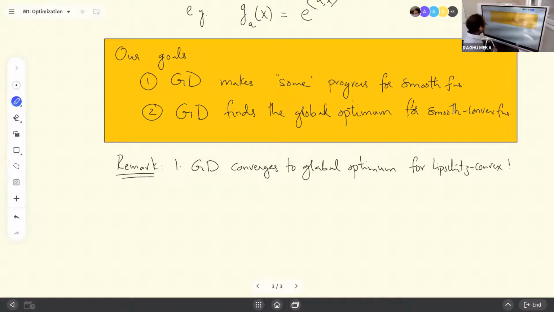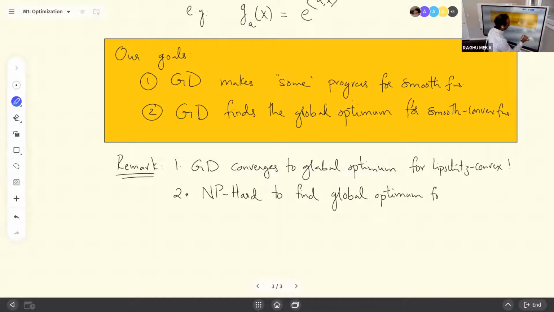And the second thing, you might wonder, why study convexity? It seems like a strong assumption. Why can't I just solve this problem more generally? The thing to keep in mind is that it is NP hard to solve the general unconstrained optimization problem, meaning there is no efficient algorithm for general global optimization problems.